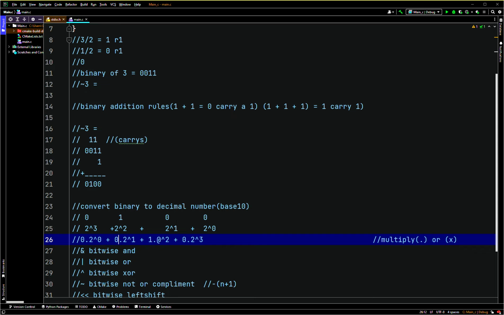So the next one we have 0 times 2 to the power of 1. So 2 to the power of 1 is going to be 2, times 0 is going to be 0, plus 1 times 2 to the power of 2. So that's going to be 4.